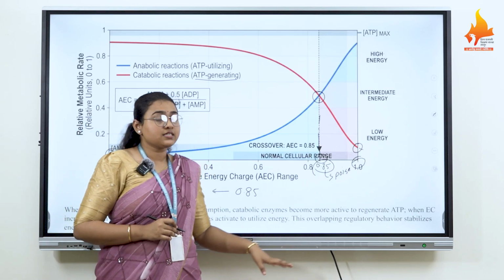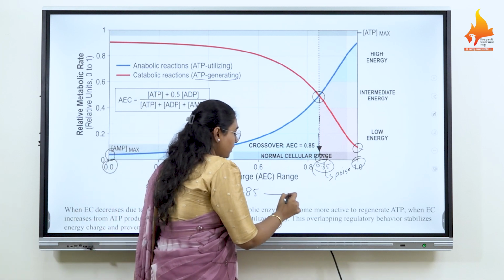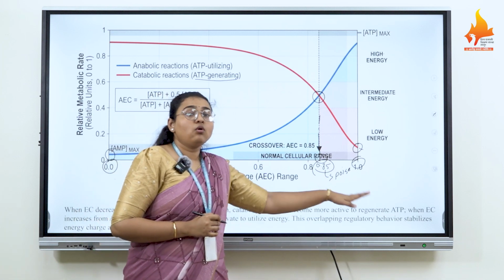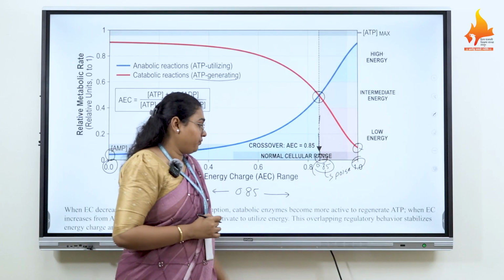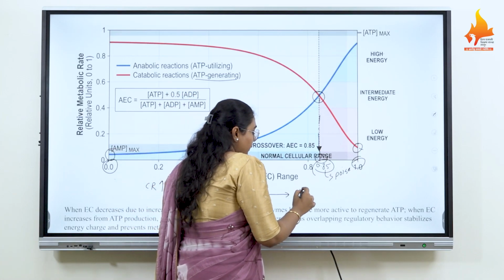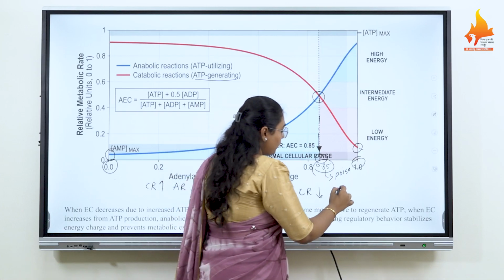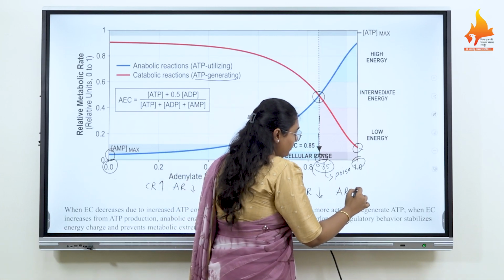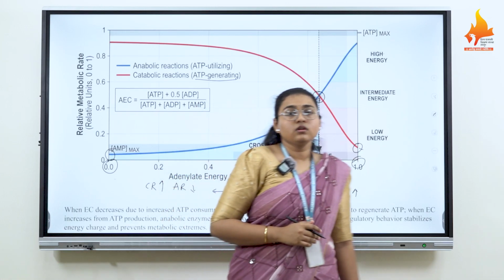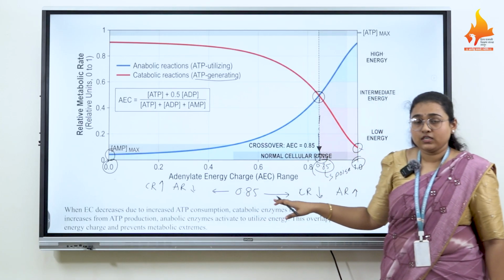And if your cell has an energy charge value more than 0.85, then the catabolic reaction rate will be decreased and the anabolic reaction rate will be increased. So this is the interpretation of the energy charge.